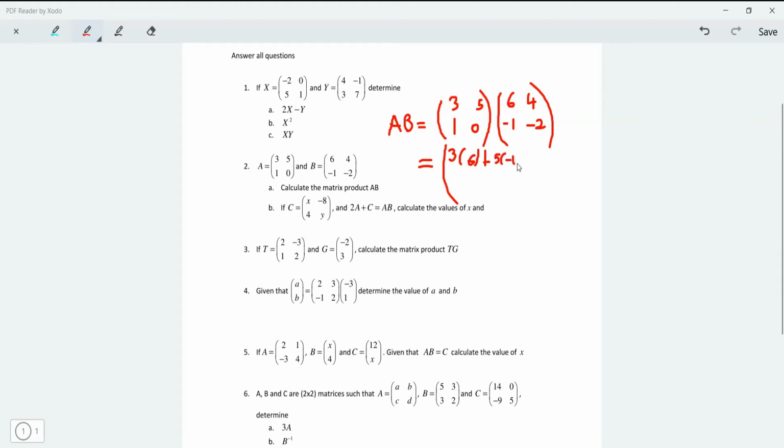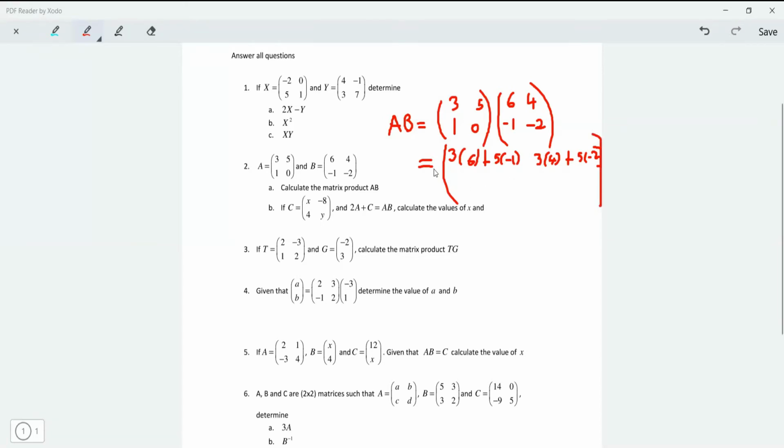To get the element in the first row, second column, it's this row by this column. So it's going to be 3 times 4. Then plus 5 times negative 2. Cool.